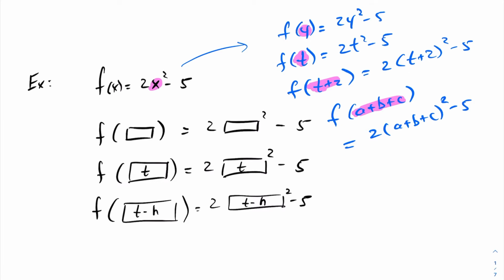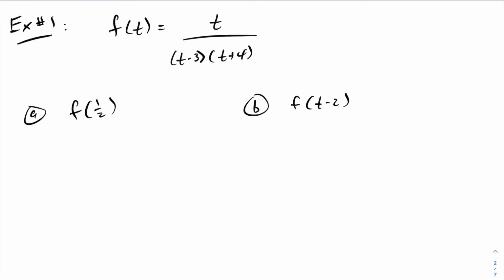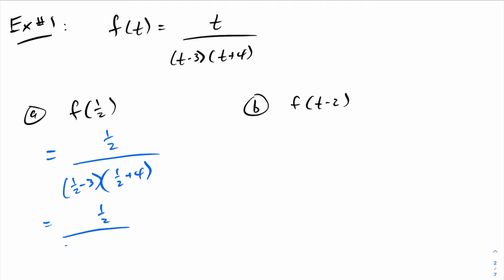Let's take a look at some examples. So for our first example here, we want to evaluate the following function at different values. So in this case here, f at a half. The function at a half here, everywhere that you see a t, here, here, and here, you're going to change that to a half, in which case this will be 1/2 over 1/2 minus 3 times 1/2 plus 4, and that becomes 1/2 over, and what is that, negative 5 over 2, and this becomes here 9 over 2, and we get 1/2 over negative 45 over 4.